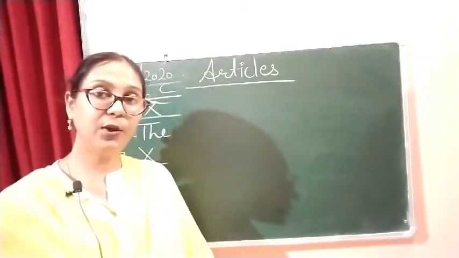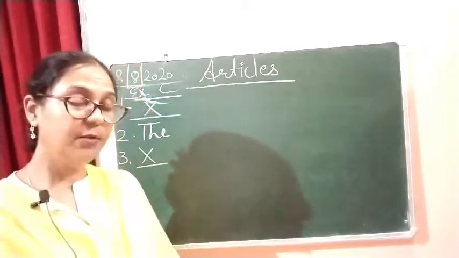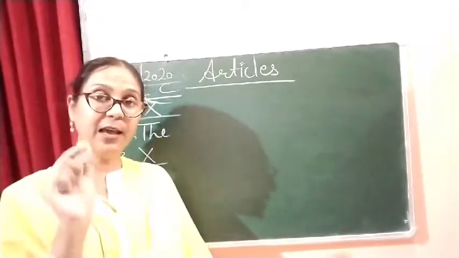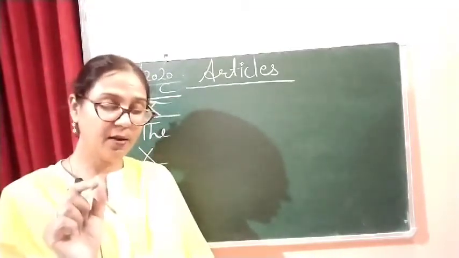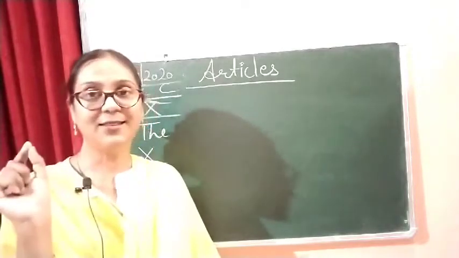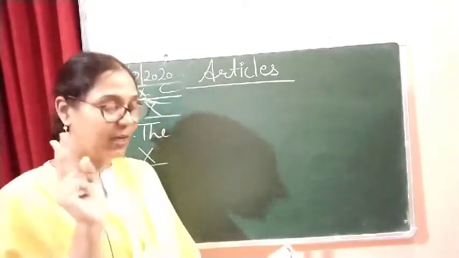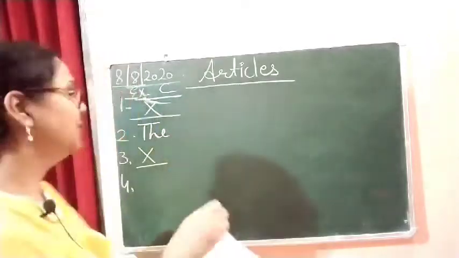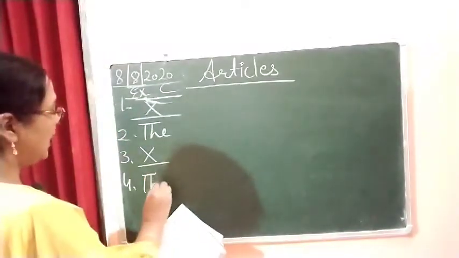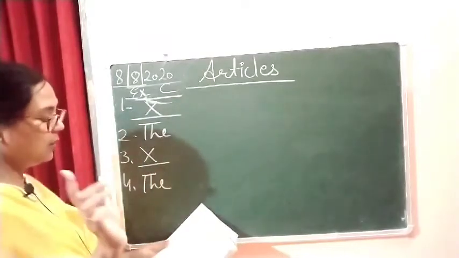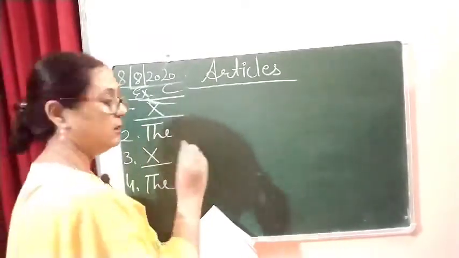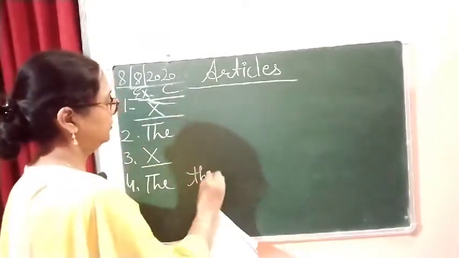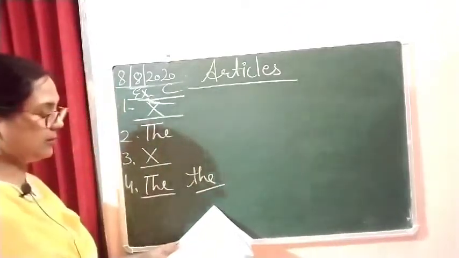We are specifying that particular car won the race, so in both blanks we are supposed to write the. The blue car won the race.